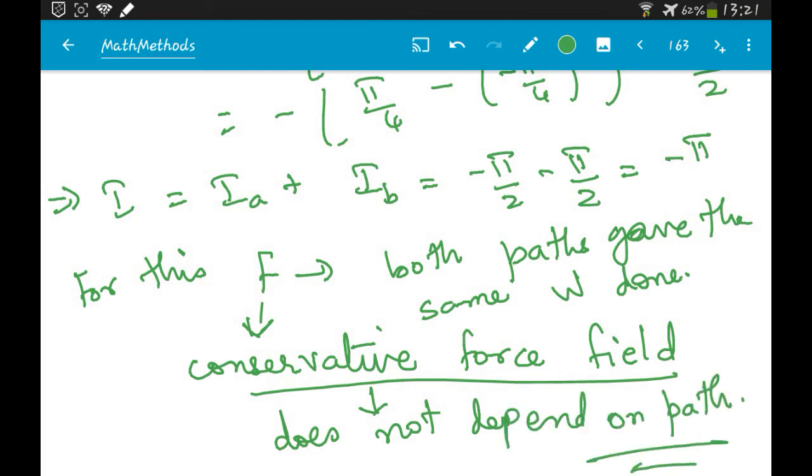Alright, and it does not depend on path, but it only depends on the points, right, the lower and the higher points, or the point.